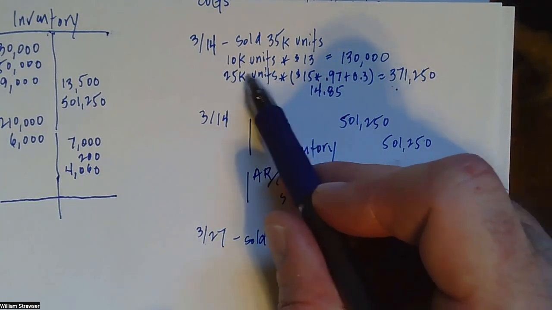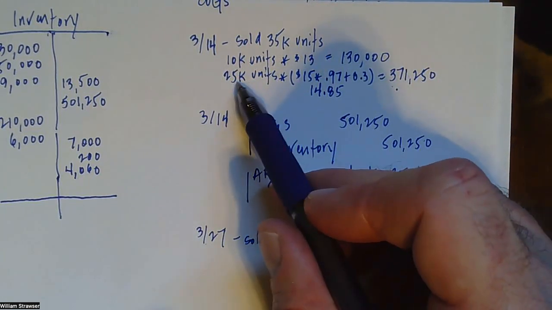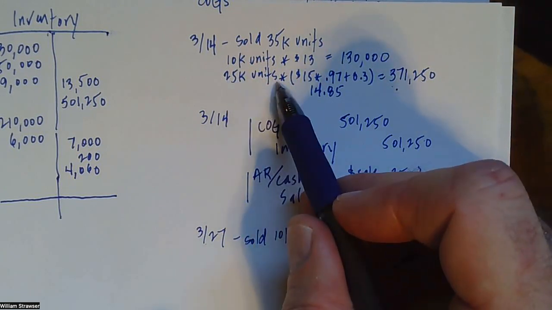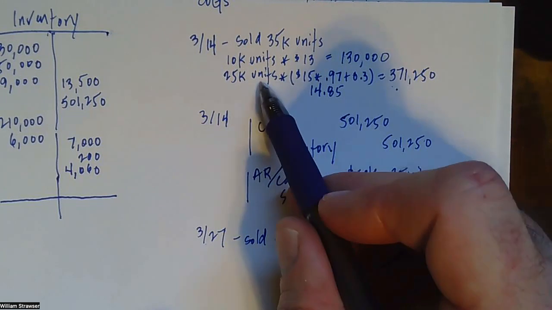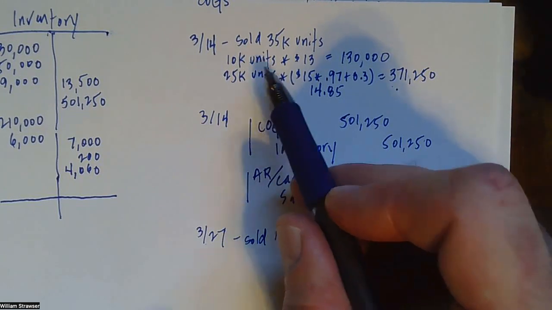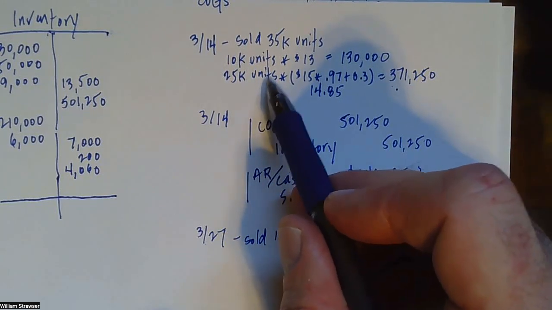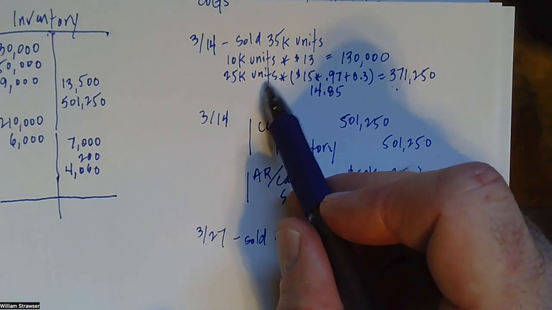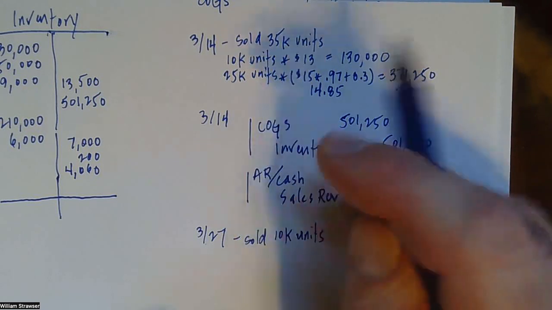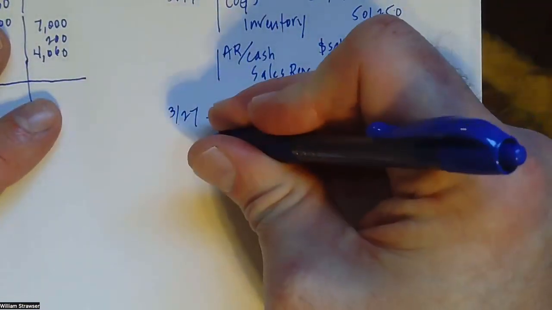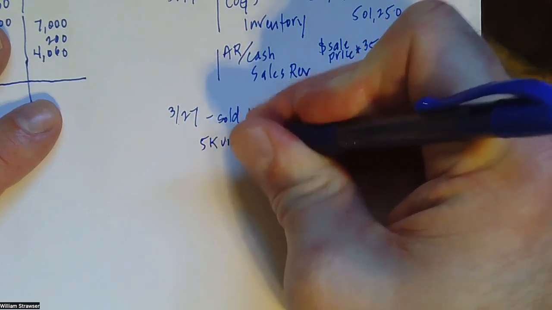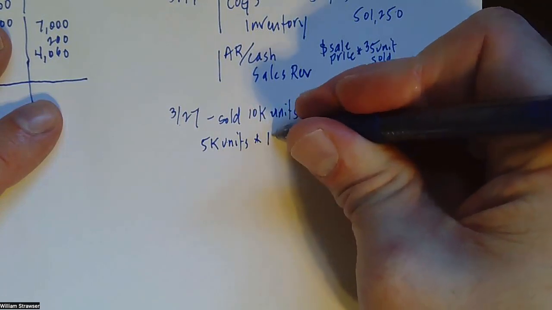My first purchase that I made during the month, I used up 25 of those. I assume with FIFO that I sold 25,000, but there's still 5,000 left in this layer. And because these become the next oldest purchase after beginning inventory, I want to go to those first. So the first 5,000 that are remaining in that layer, I sold at the same price, $14.85.